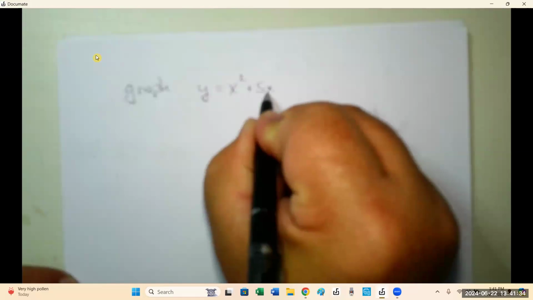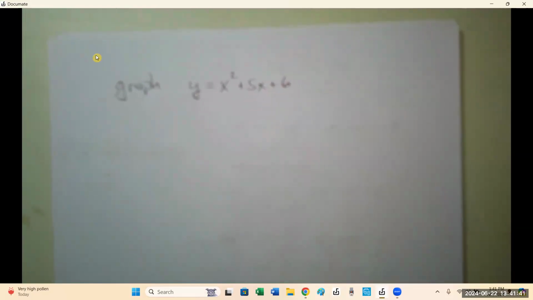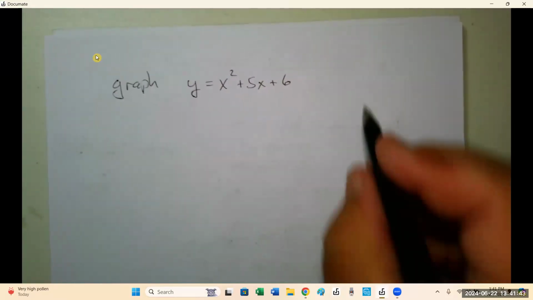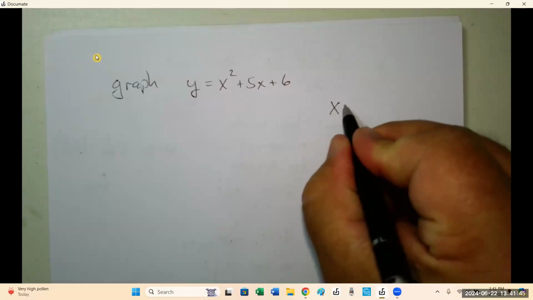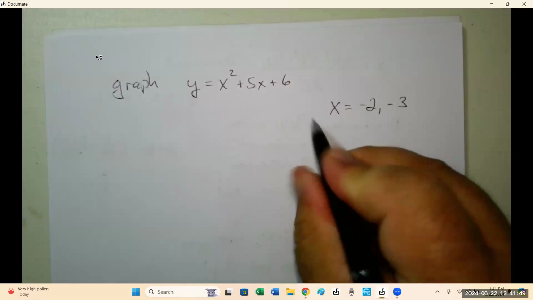All right, so let's go ahead and graph this function now. We have all the pieces we need. So graph the function y equals x squared plus 5x plus 6. From the other side, we knew our x-intercepts were negative 2 and negative 3.